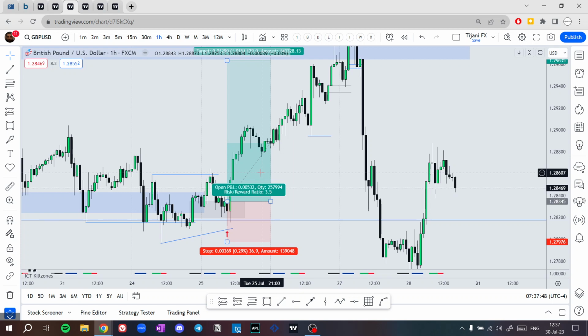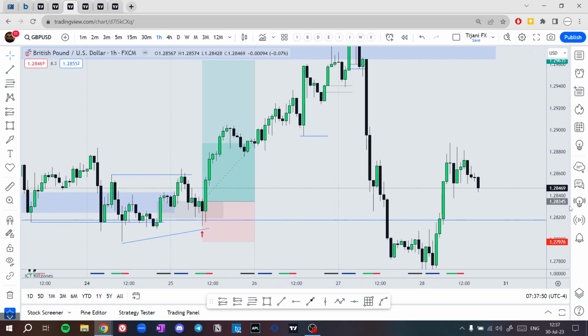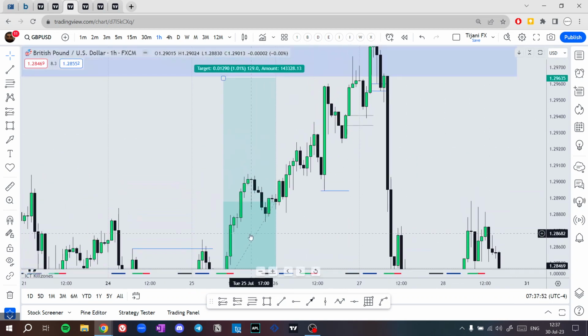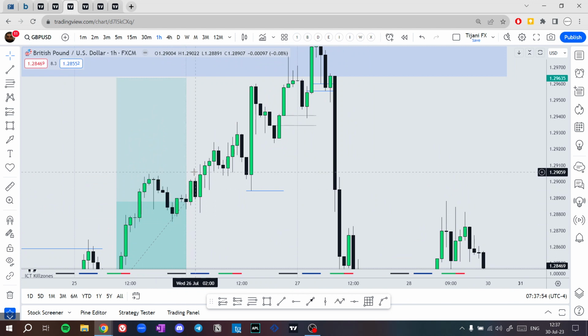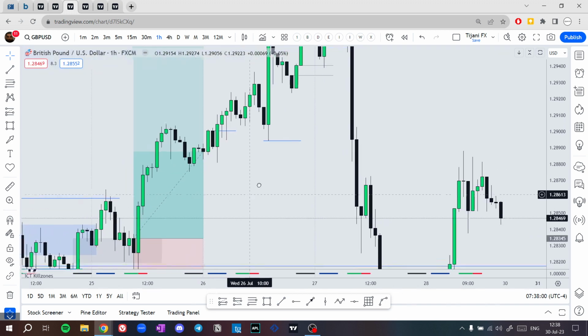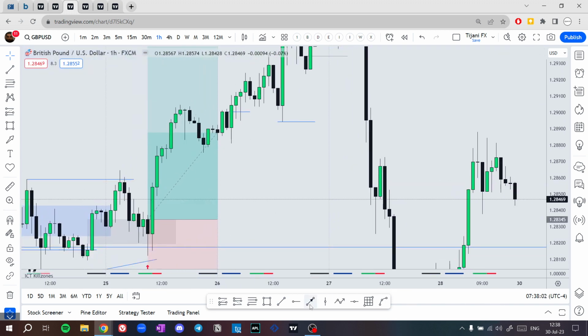Next day, what we have is price going higher, respecting this structure here. For me, I was bullish, right? But I wanted to see this low to be taken.